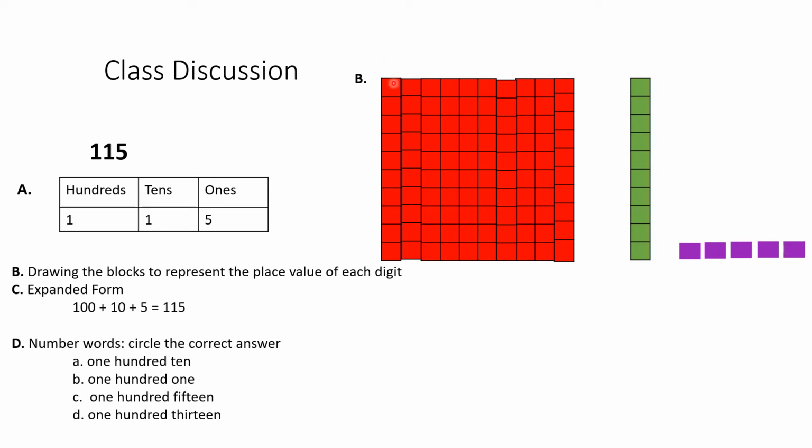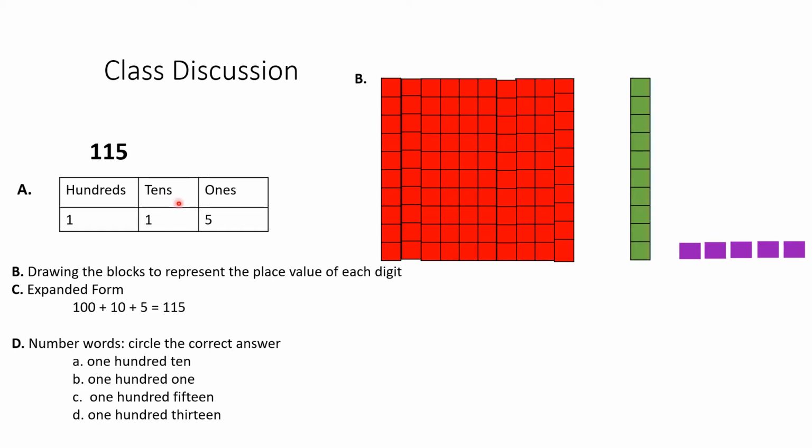So we have one whole block of 10. Another one, that's 2, 3, 4, 5, 6, 7, 8, 9, 10. So I have 10 lines of 10 blocks, and this would be 100.